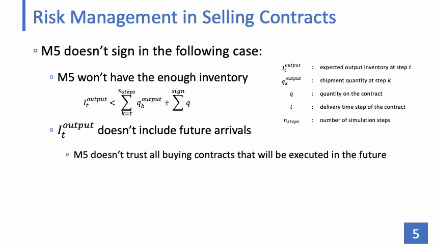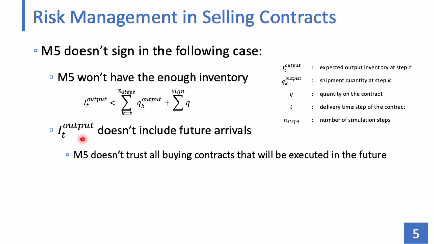Next, I'll talk about the risk management in selling contracts. M5 doesn't sign if M5 will not have enough inventory. This is the quantity of shipments after the delivery date, and this is the quantity of shipments to be signed on this date. And this is the estimated inventory of shipments on the delivery date.